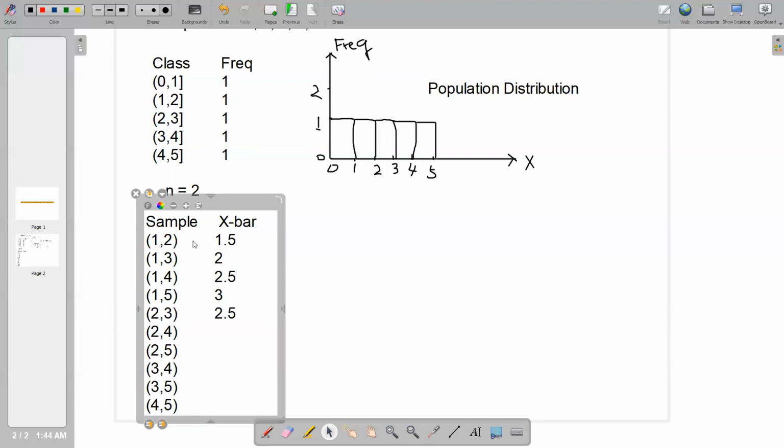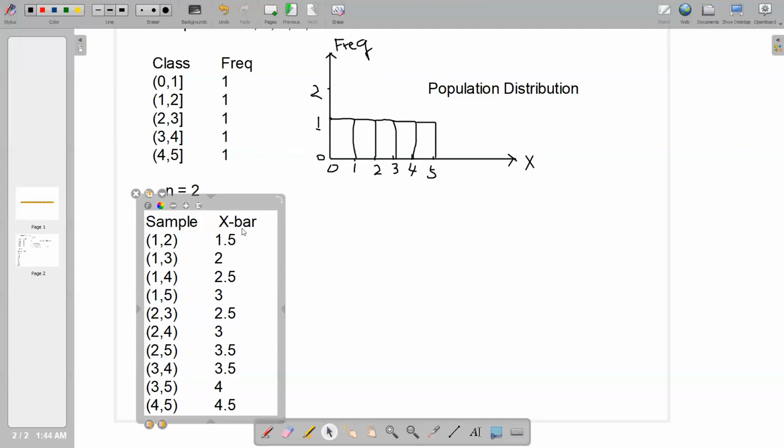2 and 3, average 2.5. 2 and 4, average is 3. 2 and 5, average is 3.5. 3 and 4, average is 3.5. 3 and 5, average is 4. 4 and 5, average is 4.5. So x bar could be any of these values from this population. x bar is going to change, but what kind of distribution does x bar have?